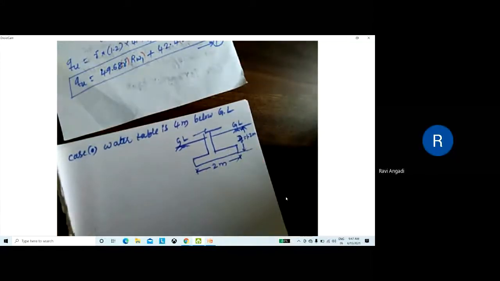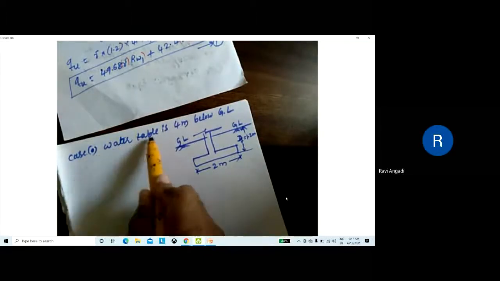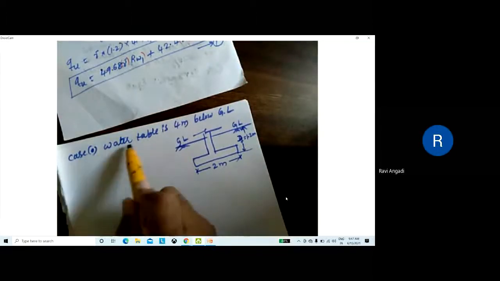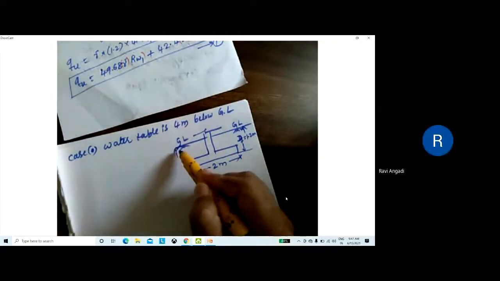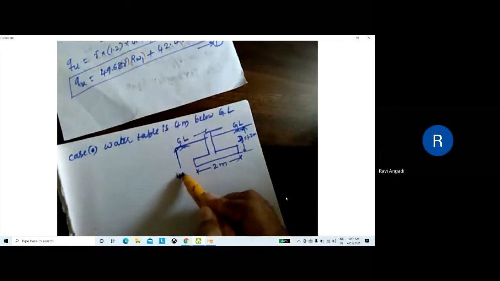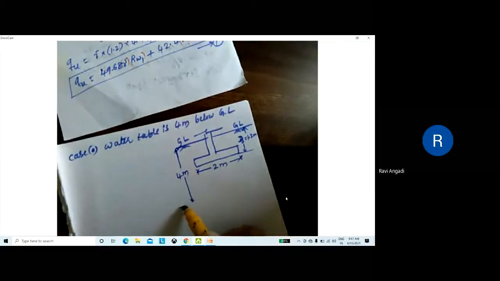Then what is the location of water table? As per case 1, water table is at 4 meter below the ground level. So mark that 4 meter like this and draw a line. This is the water table. Understood all of you? Any doubt here? Yes, sir.